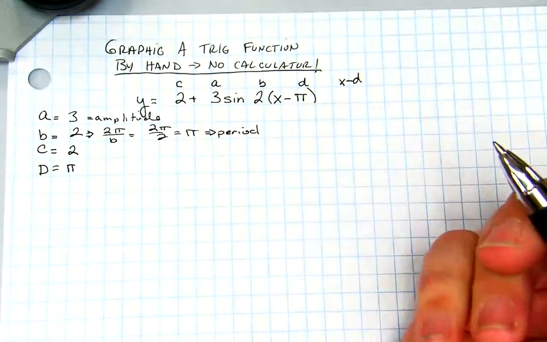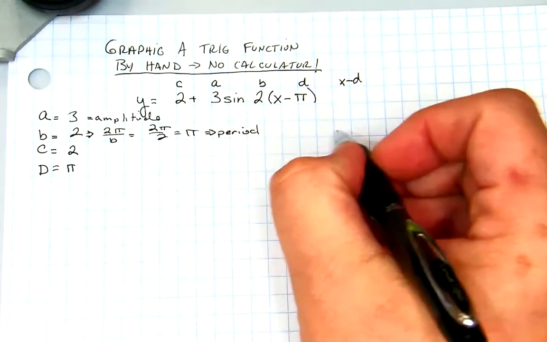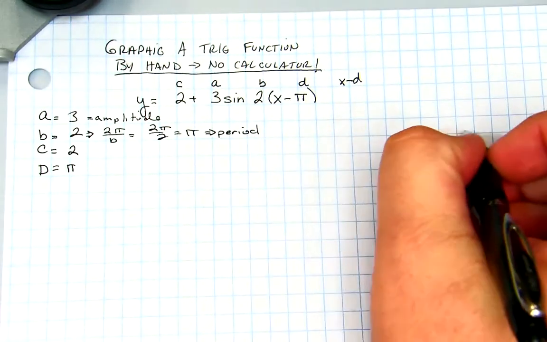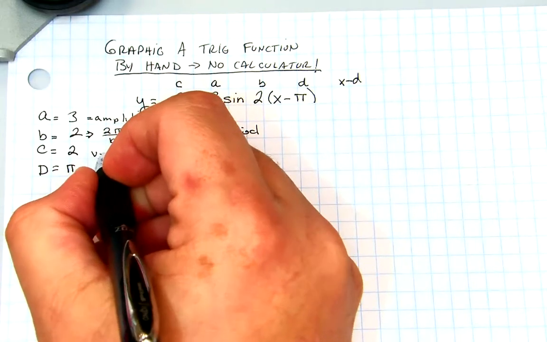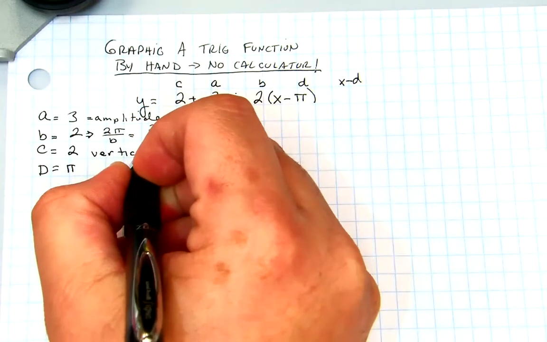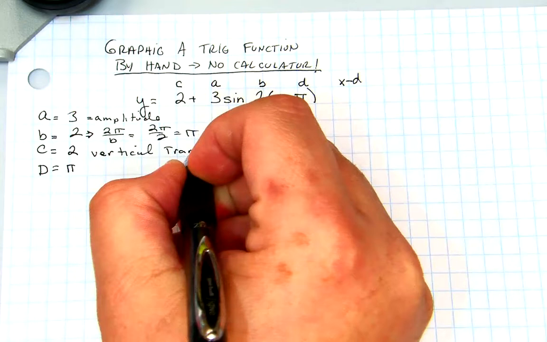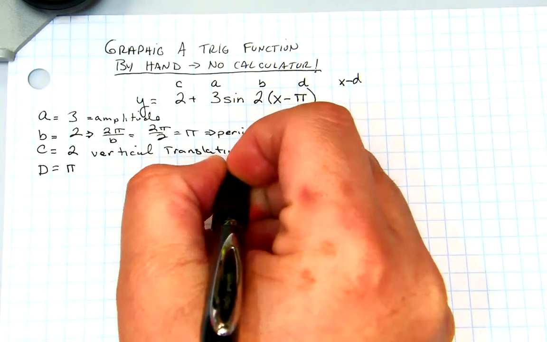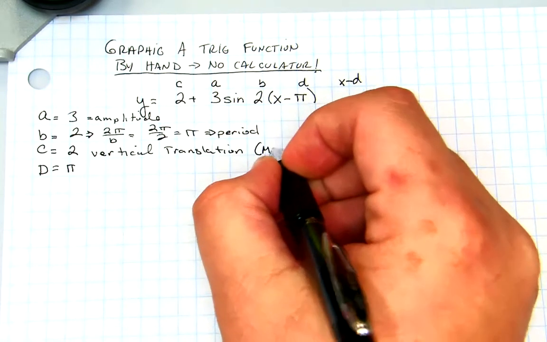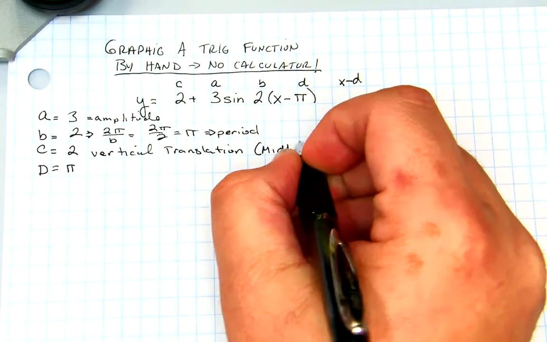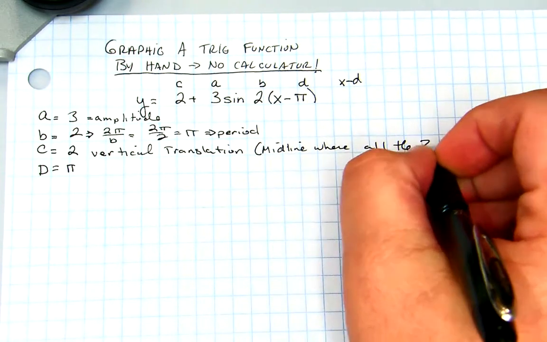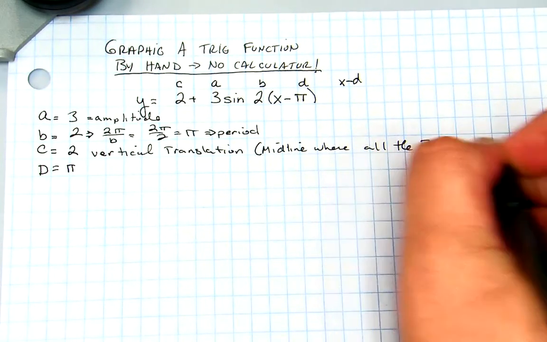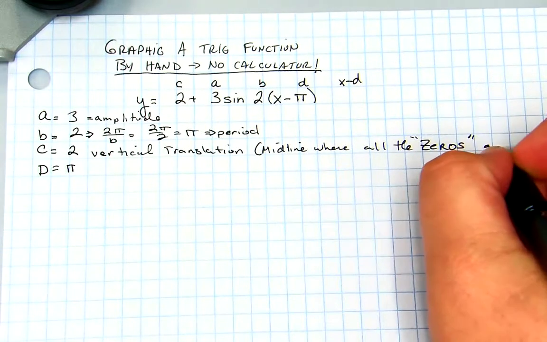How long does it take for the sine function to complete one cycle? That's what we want from there. 2 is my vertical translation. Basically, this is going to affect my midline, where all the zeros are.